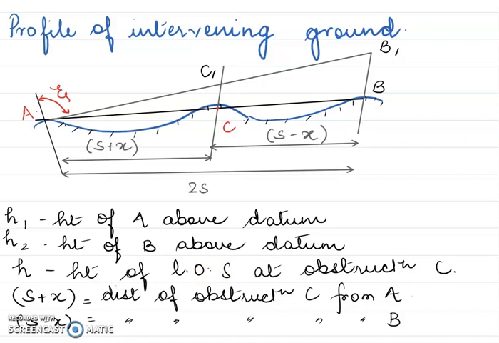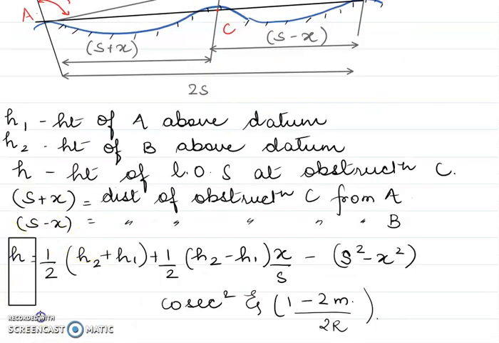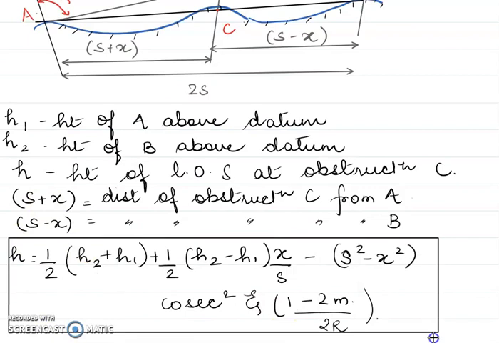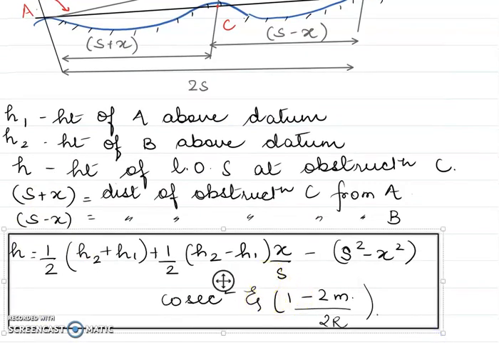Knowing all these things, the height h of the line of sight at the obstruction is given by this equation. In this equation, epsilon is a zenith angle. What is a zenith angle?